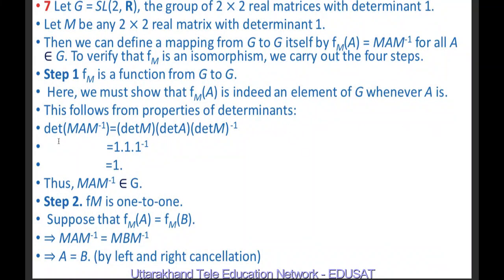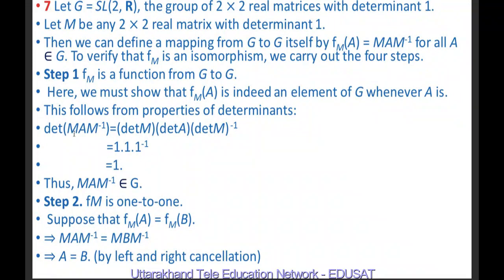We observe that the determinant of MAM inverse is equal to determinant of M times determinant of A times determinant of M inverse. Determinant of A is 1, and determinant of M inverse is 1 over determinant of M, so the product is 1. So the determinant of MAM inverse is 1.